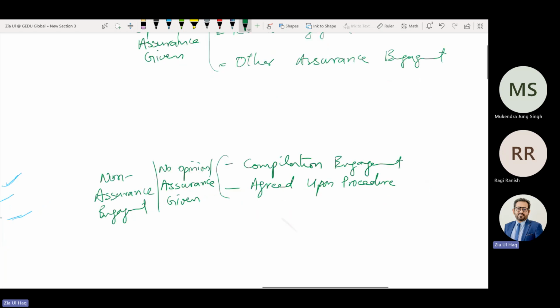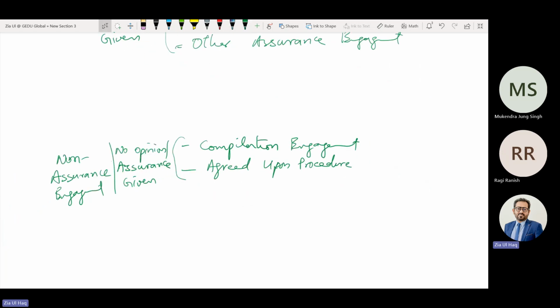What is a compilation engagement? We need to compile a statement based on the data provided by the company. It could be compilation of financial statements based on the accounting data provided by the company, or compilation of a tax return. We'll just compile and charge the fee.